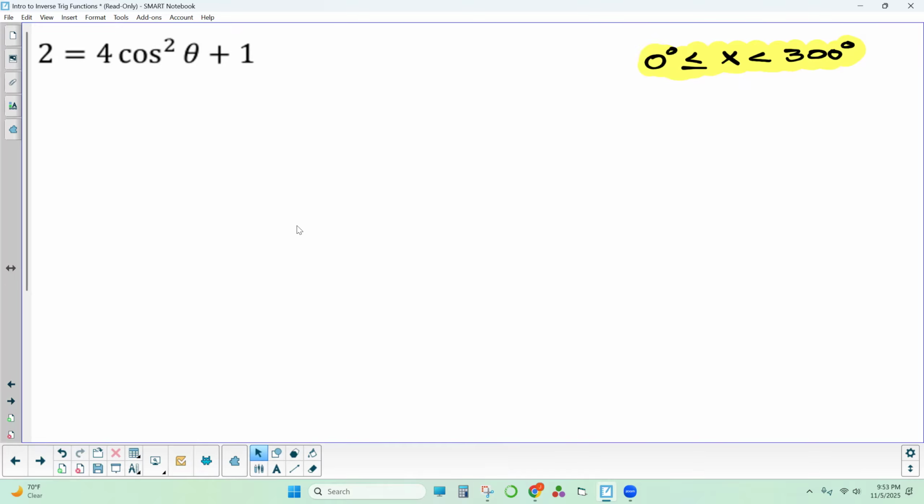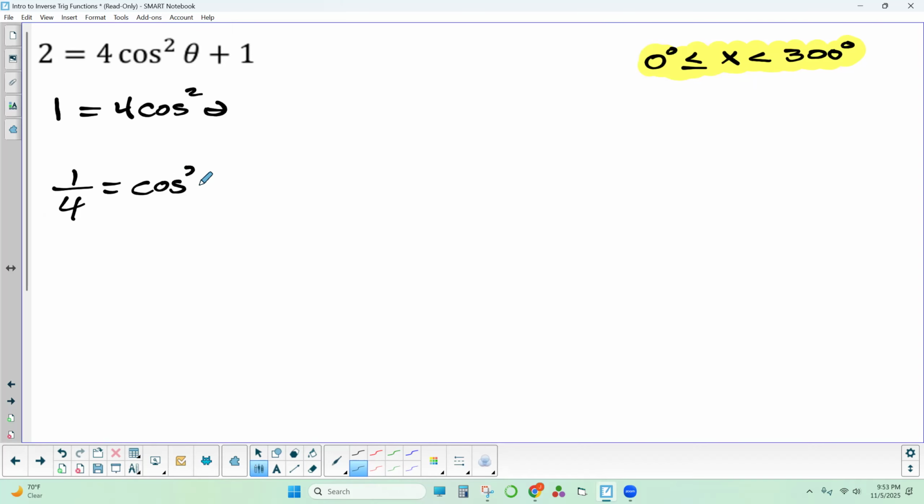All right, so I see that I have a cosine squared theta. So I am going to subtract 1, divide by 4, and now that I have isolated cosine squared, I am going to unsquare it.